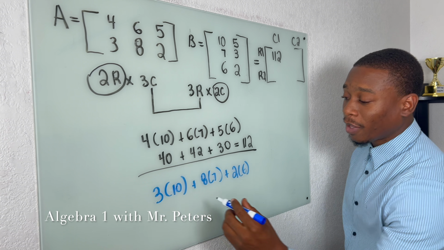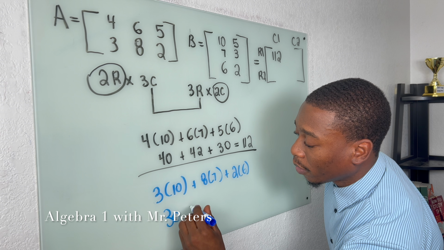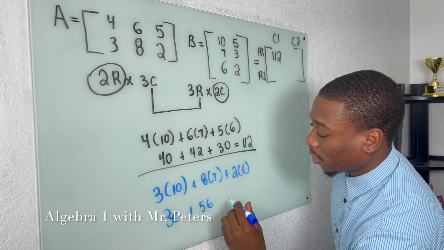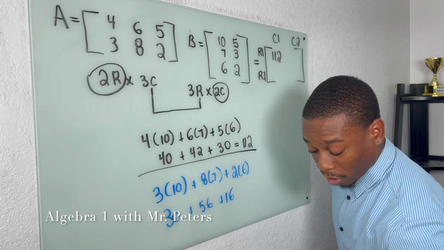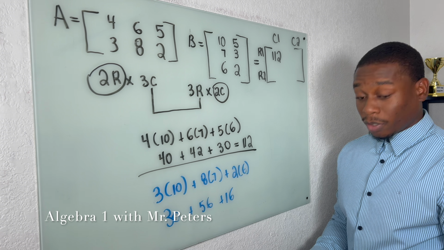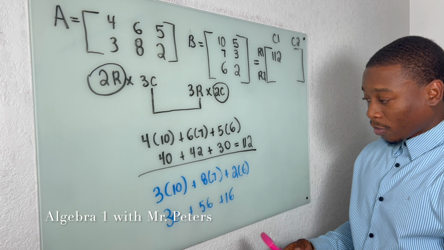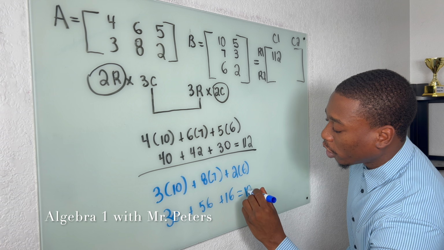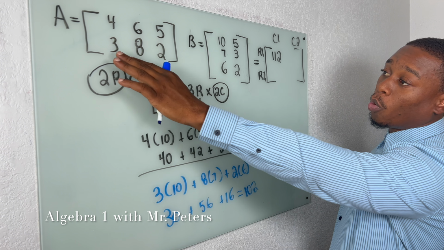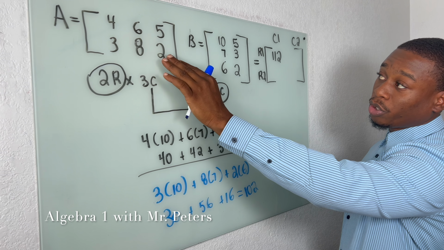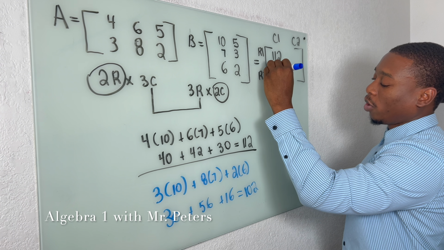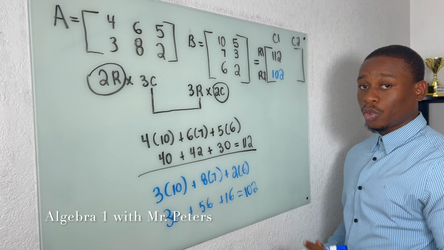And when I simplify this, I'm going to get 30 plus 56 plus 16. I'm just going to grab my calculator to speed the process up. So we should get 102. And this is going to go in row 2, column 1. So here goes our 102.